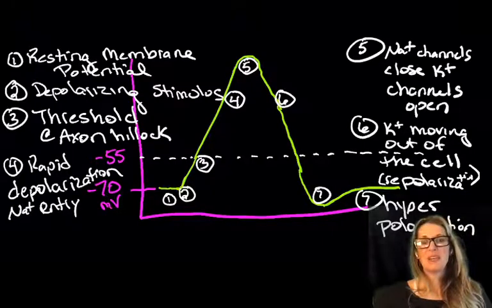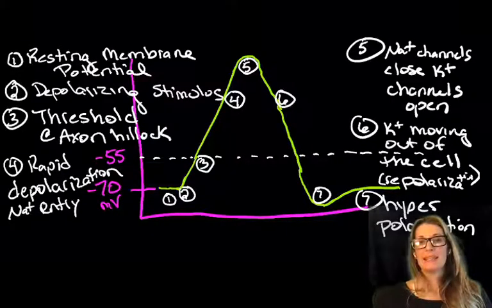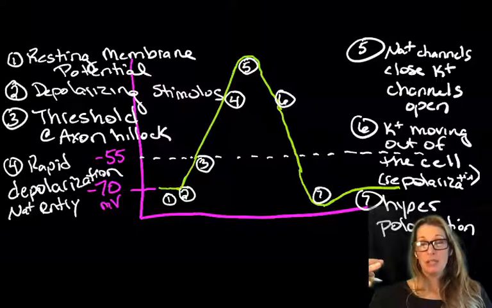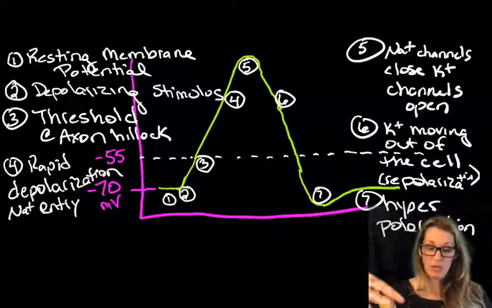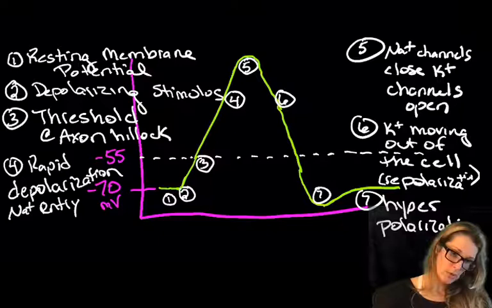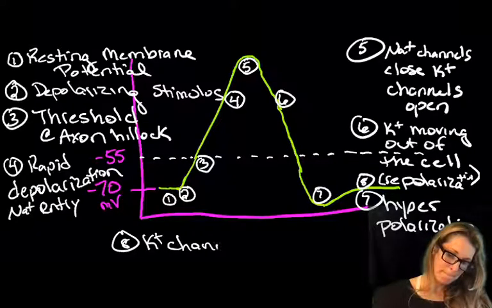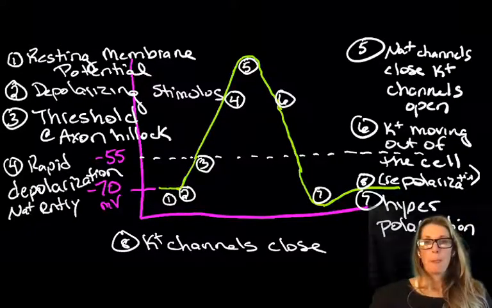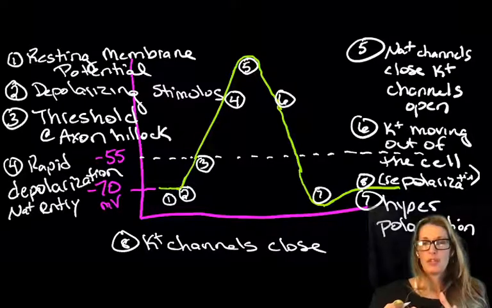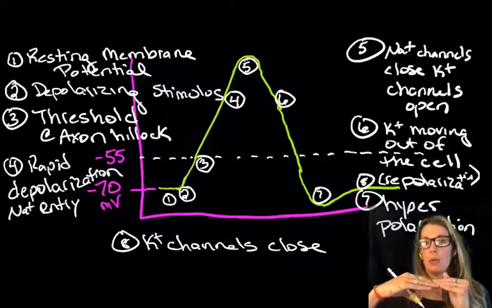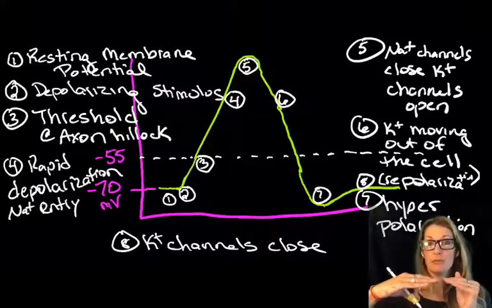Then potassium channels close, and now we're going to get the reestablishment of our resting membrane potential. But if they just close, that shouldn't bring us back up a little bit more positive, right?